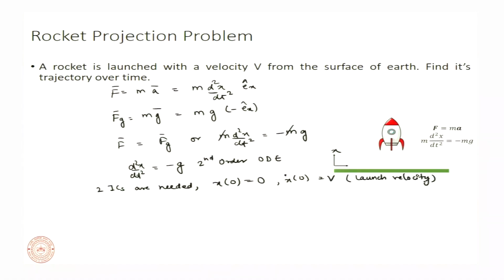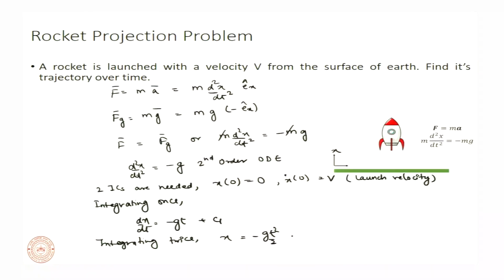Now, the rocket is moving up. We can solve this differential equation. So, integrating once, we get dx by dt equals minus g t plus c1, and then integrating again, we will get x is equals to minus g t squared by 2 plus c1 t plus c2.